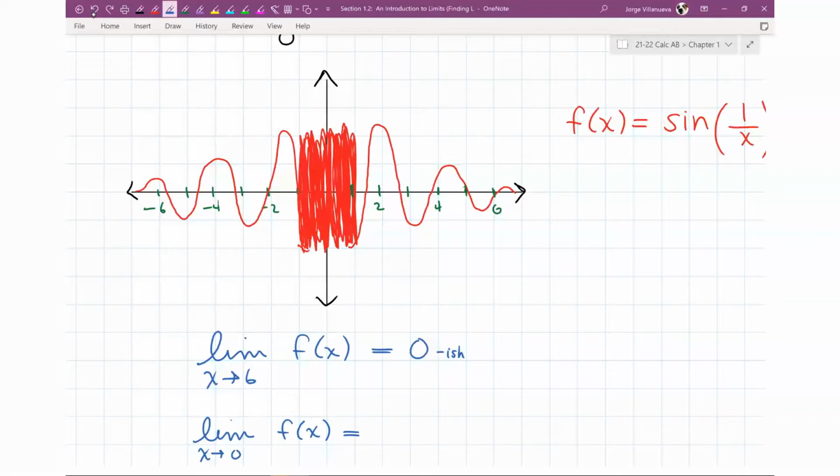We know it's between here and here, somewhere in there, but we don't know exactly where it is at any specific point, because once you get really close to 0, that thing is jumping up and down so fast. If you even try to get your calculator to trace it, it's just jumping everywhere. So since it's nearly impossible for us to figure that out, we say does not exist.